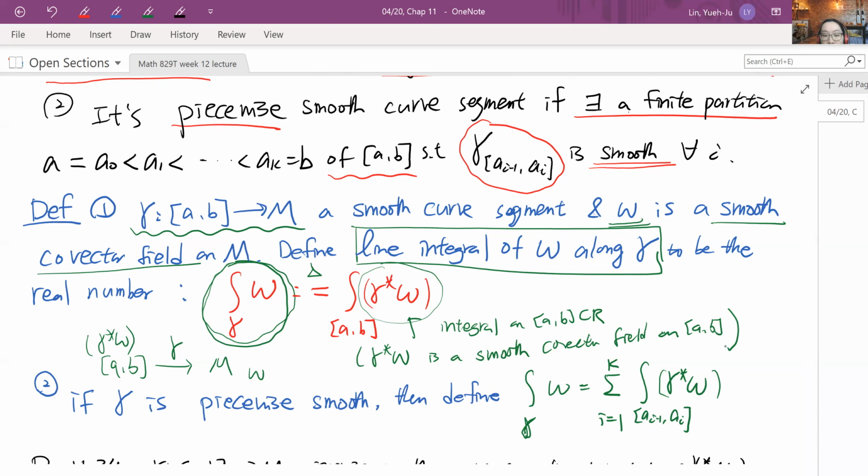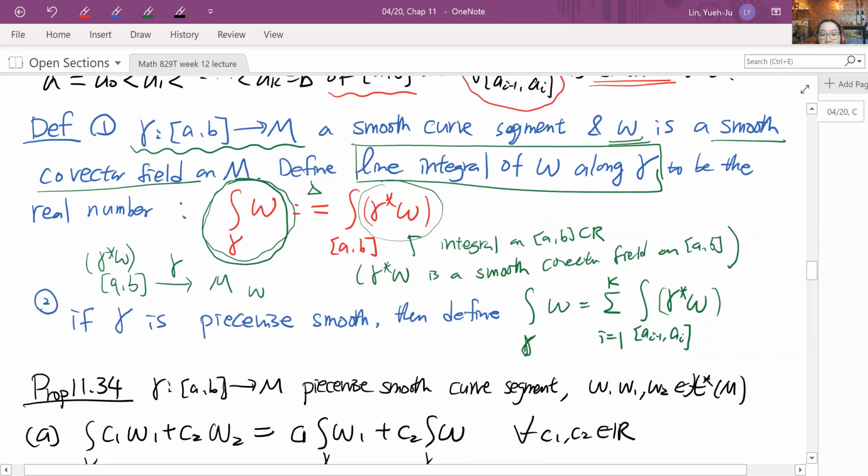And what happens if the curve gamma is piecewise smooth instead of everywhere smooth, right? Then you can imagine, because it's just piecewise smooth, you can define it by doing the integration on each piece. So it's actually not bad at all. If gamma is just piecewise smooth, then we define the integral to be the summation, because it only makes sense to integrate the smooth covector field on each piece.